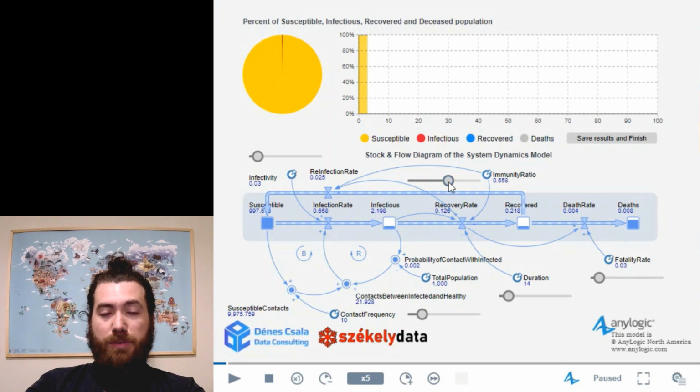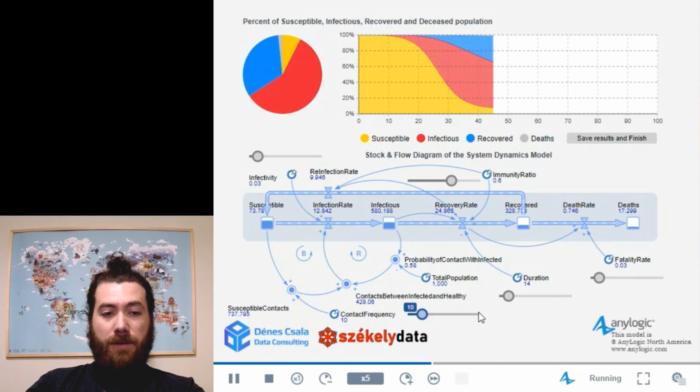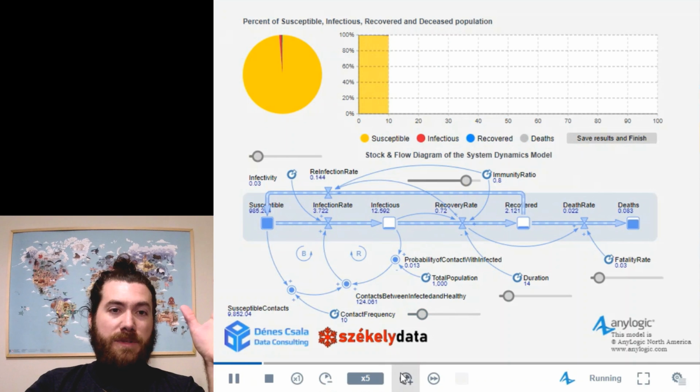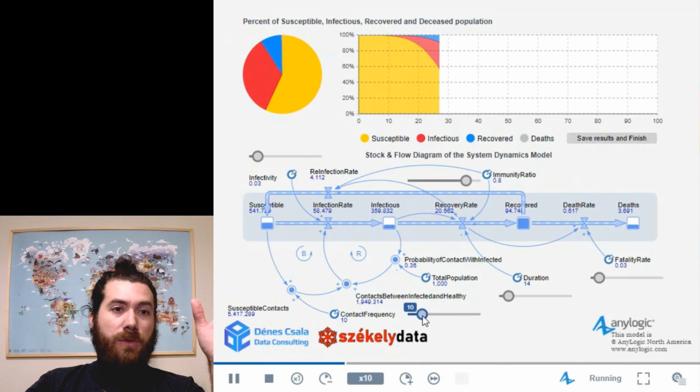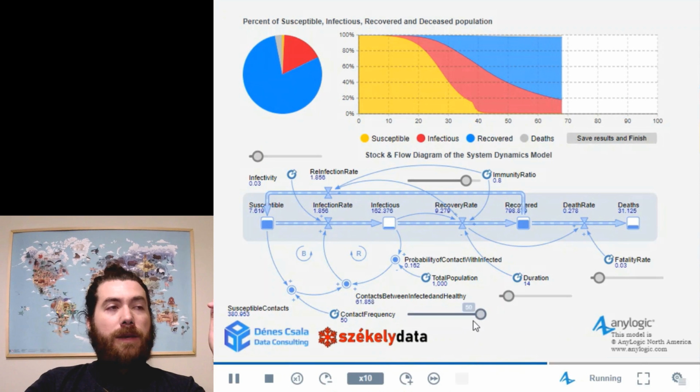So your disease spreads quite a bit faster and just stays like that. So you just never recover because you're going to catch it again.